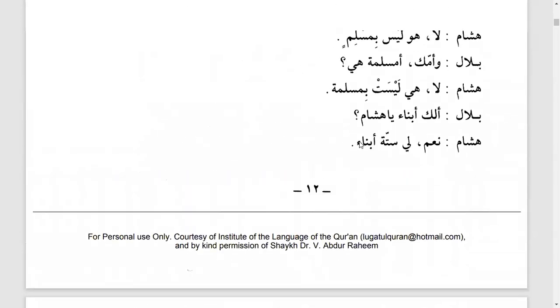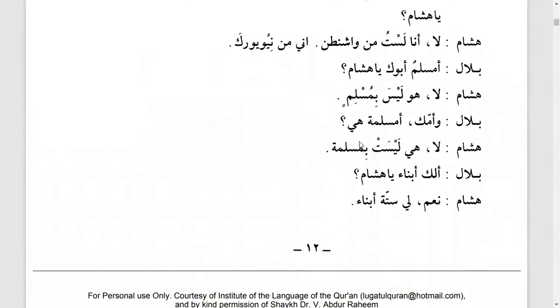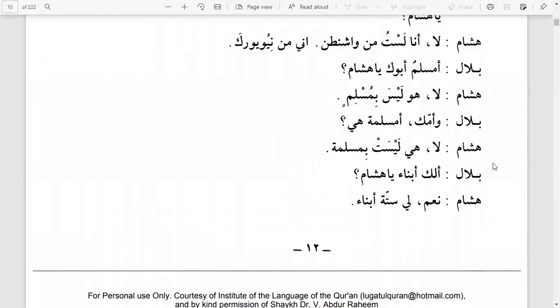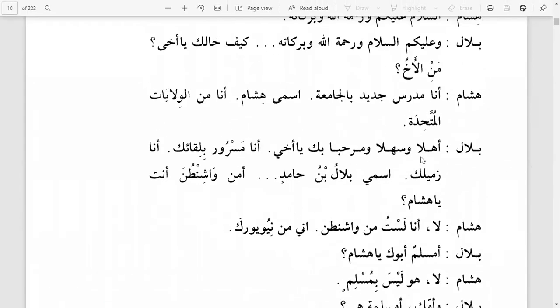Sir, on the first page, you said manil akh. What is the meaning of manil akh? He is asking in a very polite way, like, brother, who are you? Since he is meeting him for the first time and he doesn't know him, it's the polite way of asking someone who are you. It will be translated as, who is the brother?